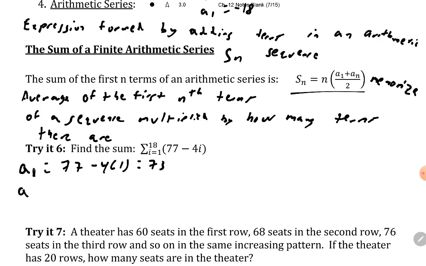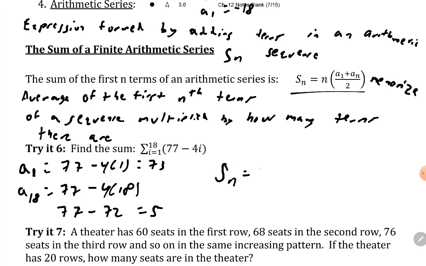A sub n, which is our last term, a sub 18, is 77 minus 4 times 18. So this is 77 minus 72, which equals 5.